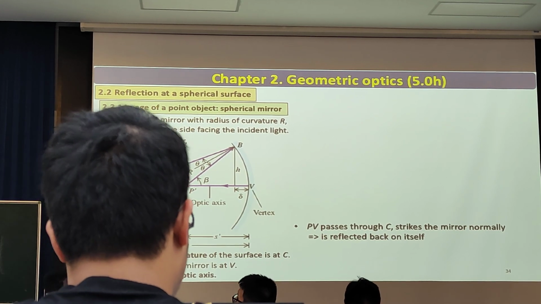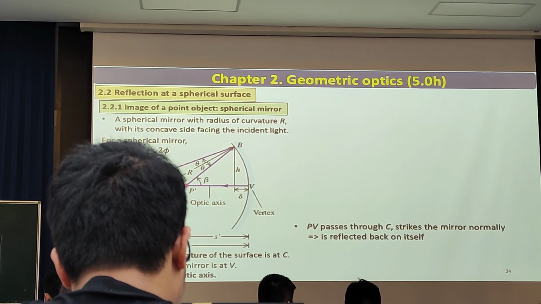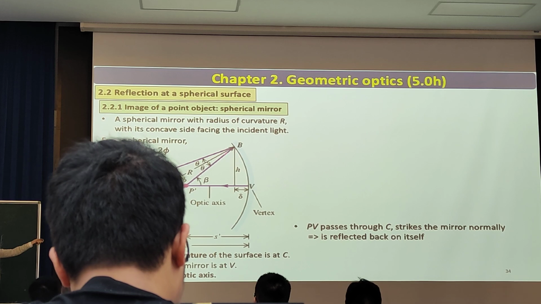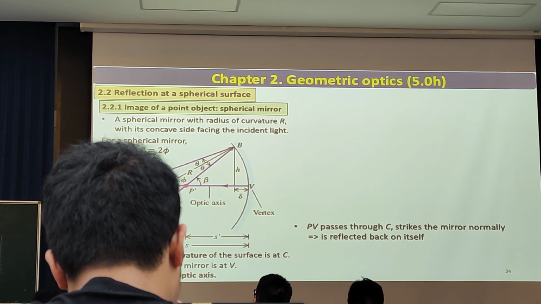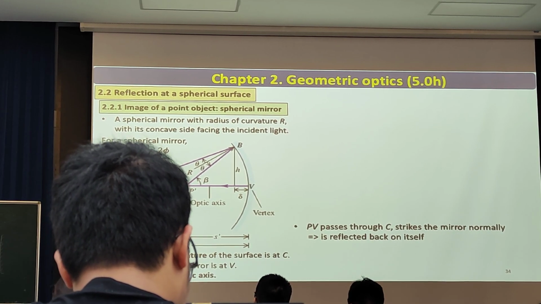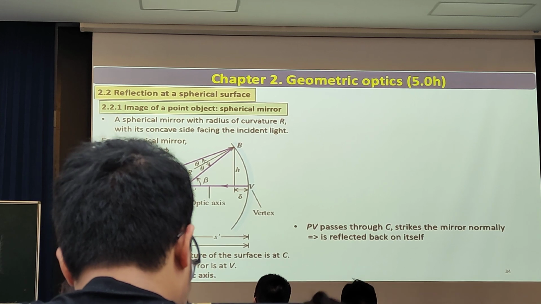And then we also draw another ray, which is an arbitrary ray, PB. So we call this PB here. You see. So how can we find the reflecting ray? You need to find the normal first.